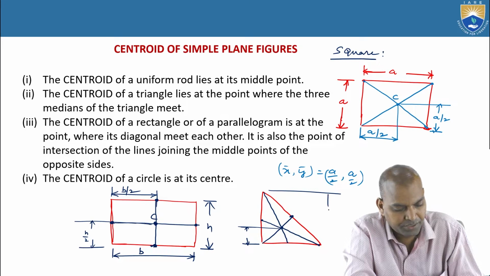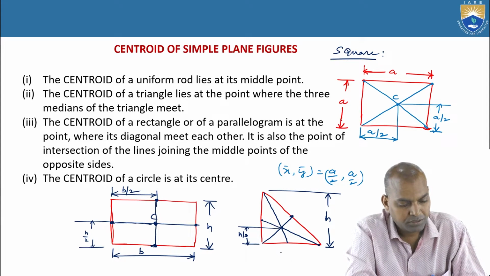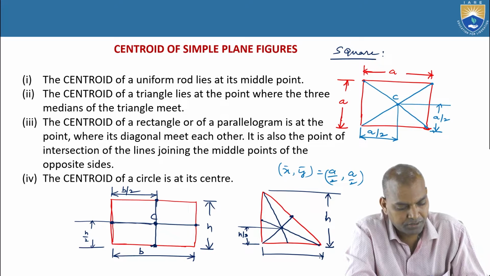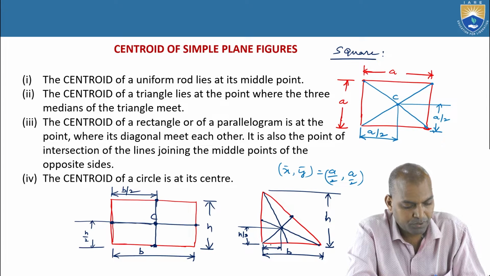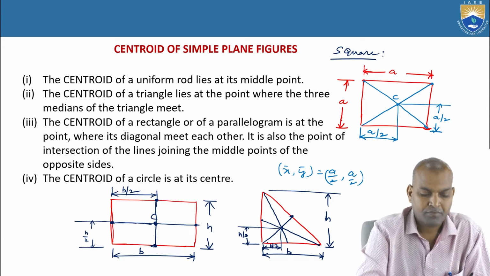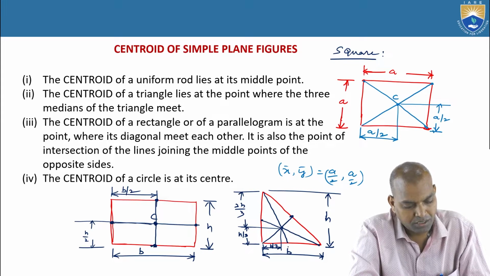Suppose the height is h, then it becomes h by 3. And here it is the base. So whatever this distance is, it is b by 3. If you consider from this side, that becomes 2h by 3, and here it is 2b by 3.